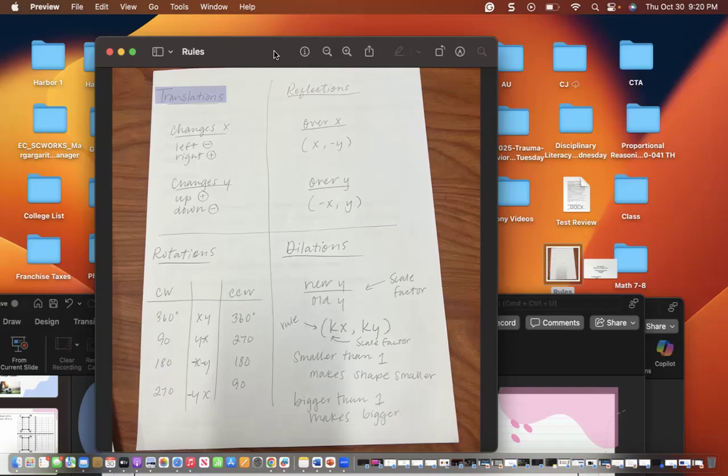Then reflection, we're teaching them if you go over x, change y. If you go over y, change x. Then rotation table, we have taught the scholars clockwise and counterclockwise. And how we set the table up is going 360, 90, 180, 270, and then of course counterclockwise that way.